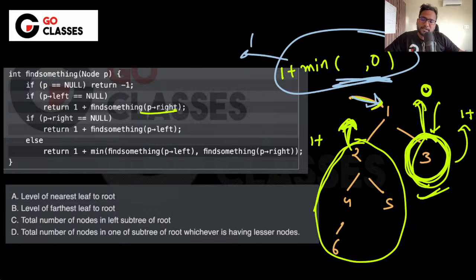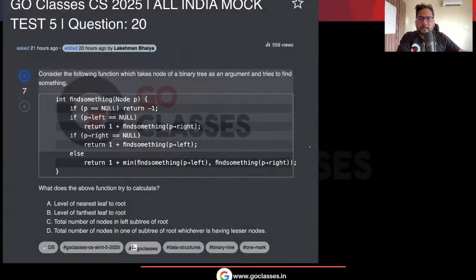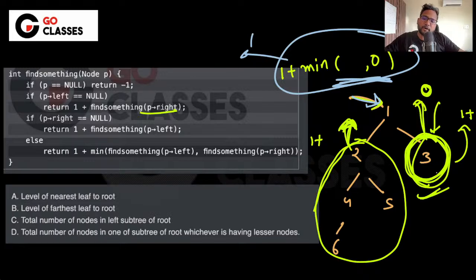1 means, let's check which option should be correct. Label of nearest leaf to the root, right? So they have defined this particular function, and then they are trying to say that it will be returning the label of the nearest leaf. Since it is the nearest leaf, they are returning the label, right? So this is on the first level.